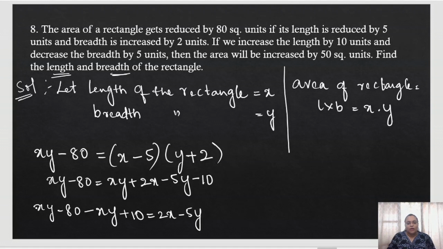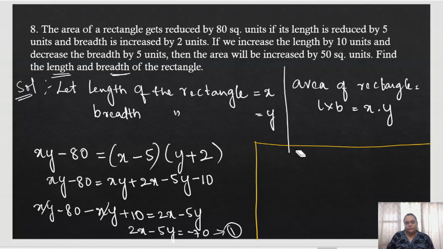Now xy and minus xy will get cancelled, so you will get 2x minus 5y is equal to minus 70. This is our equation number 1. Now let us find the other equation.